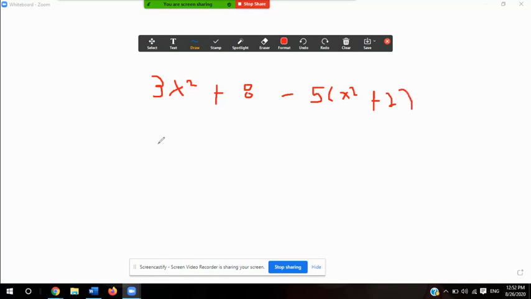So what we're going to do is, first of all, leave this side completely intact because there's nothing I can do with it yet. I cannot add 3x squared and 8 because they're not like terms. So I'm just going to leave them expressed as 3x squared plus 8.